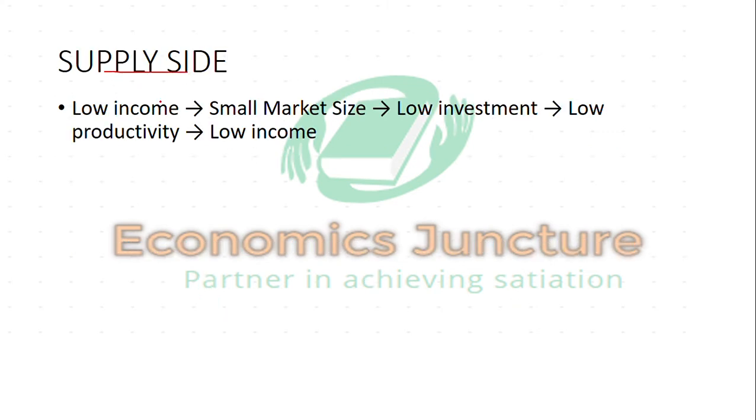So when we see it from the supply side, the same things come in. We have low income, which leads to a small market size, which leads to low investment because the market size is small. So private sectors are not induced to invest heavily, which leads to low productivity, and which leads to low income, right?